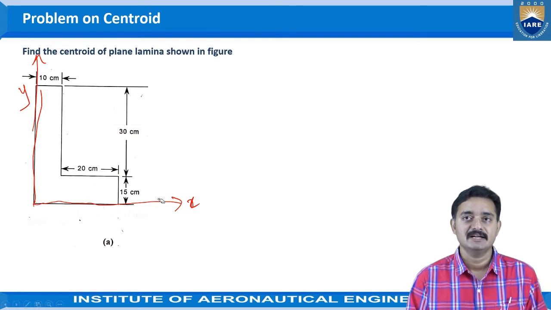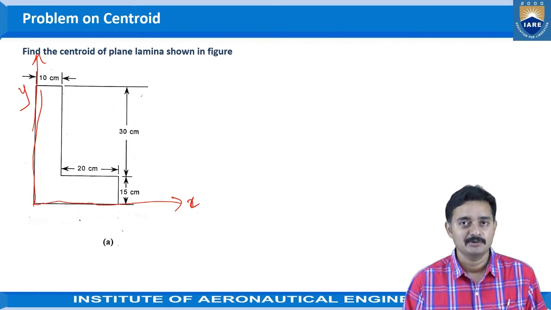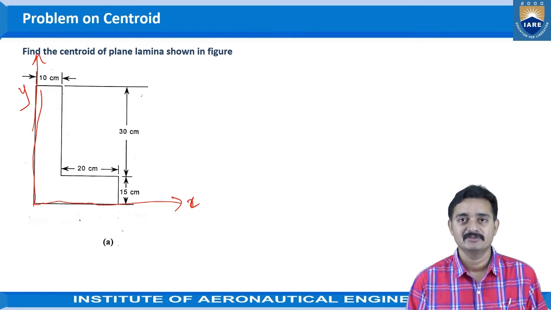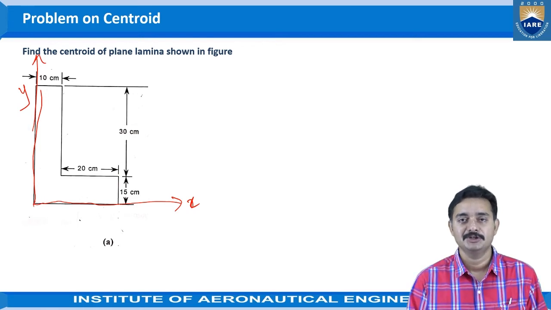Okay, so after considering this reference axis, the second step would be dividing this complex object. See, directly we do not have a particular formula for obtaining the centroid of this type of section. So what we need to do is divide this given complicated section into a number of parts which are of regular shapes. Here, as we are seeing, we can divide this L-shaped section into two rectangles.